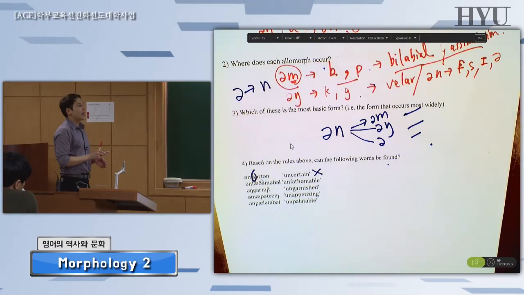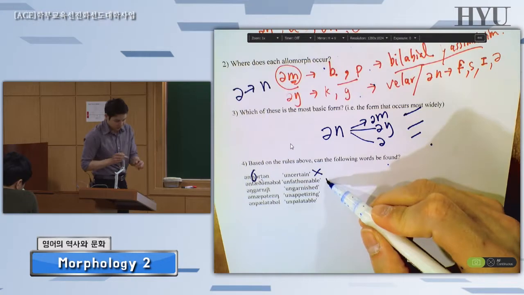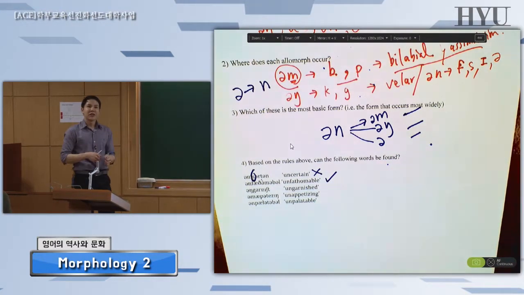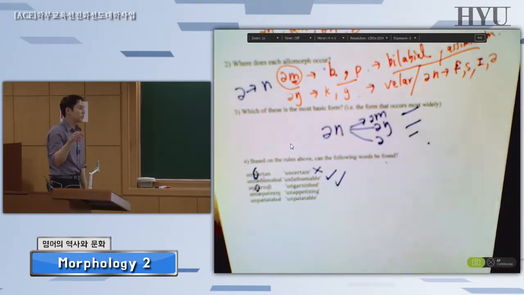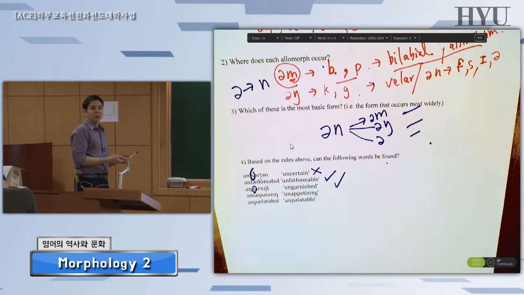Yes, right, because the sound is F, so you can have an M. So this is possible. Ungarnished, the dish is ungarnished like that. Yes, right? Because we have a velar, so N with a tail is the correct or possible pronunciation.